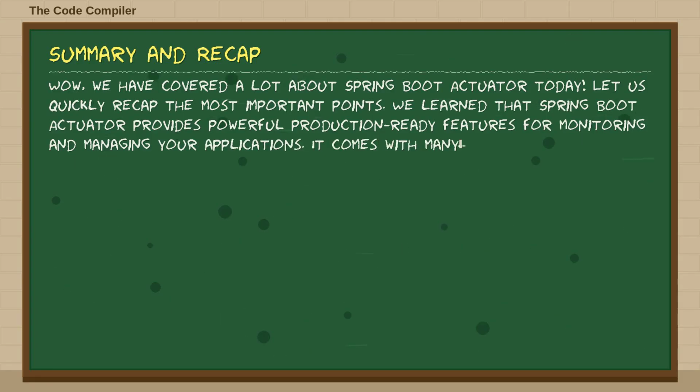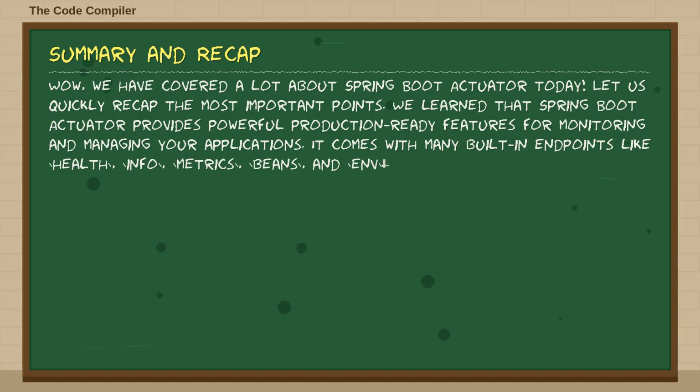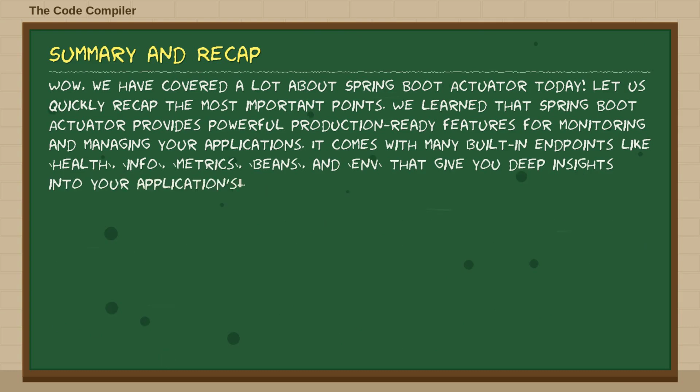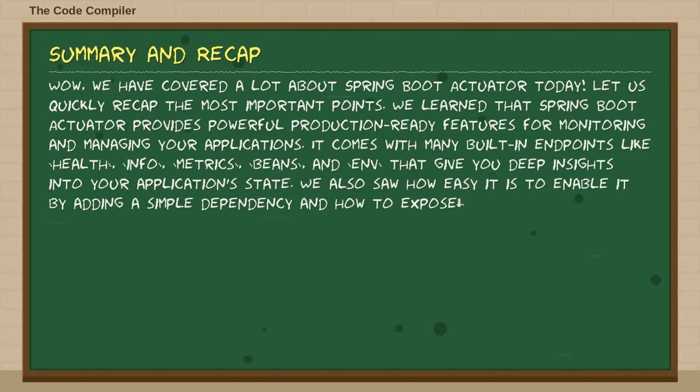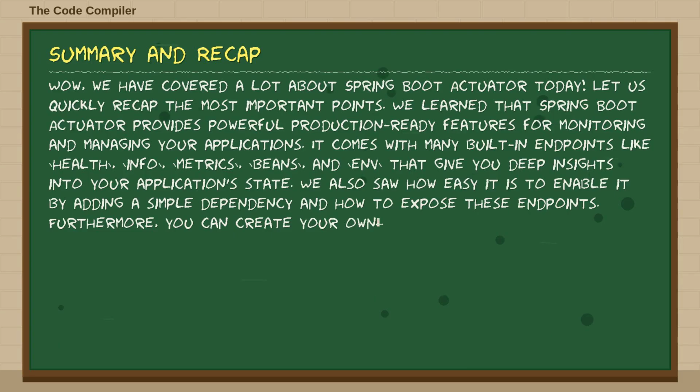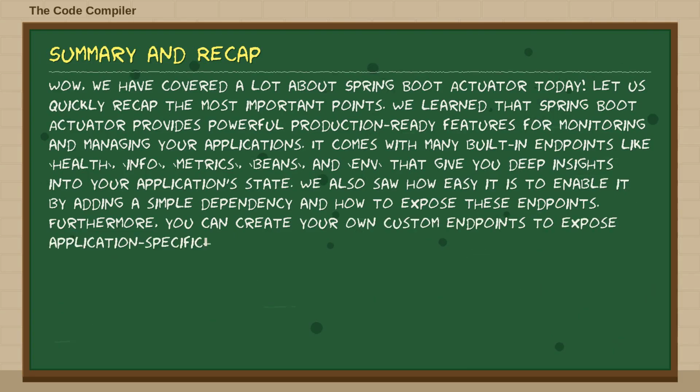It comes with many built-in endpoints like health, info, metrics, beans, and env that give you deep insights into your application's state. We also saw how easy it is to enable it by adding a simple dependency and how to expose these endpoints. Furthermore, you can create your own custom endpoints to expose application-specific data.